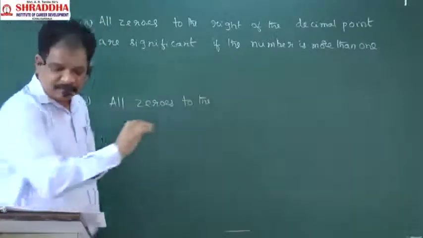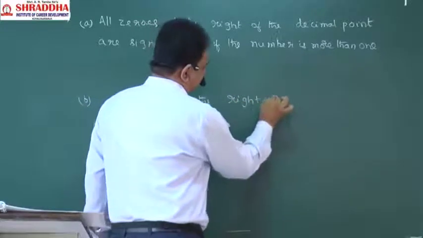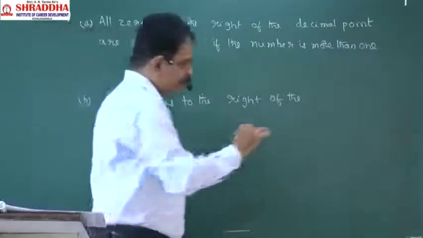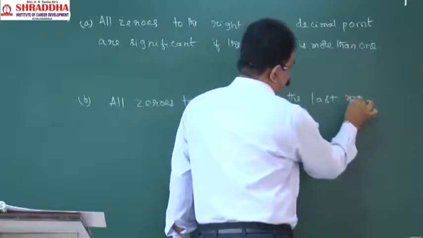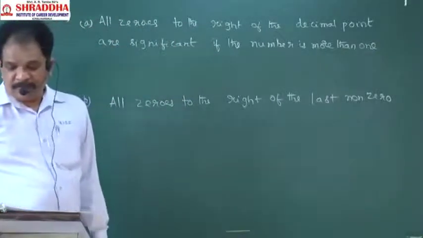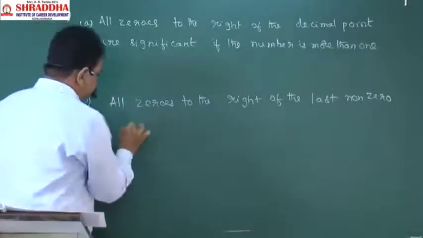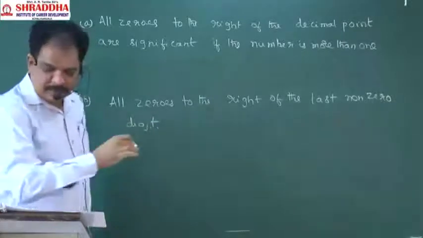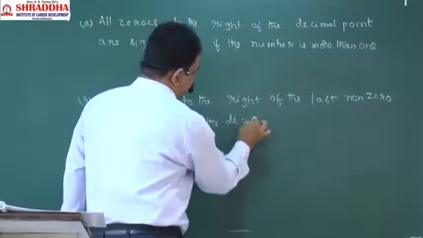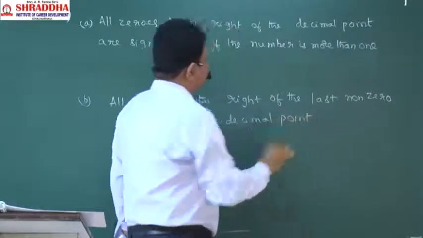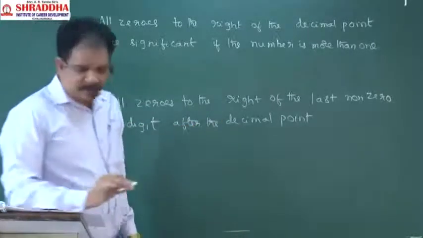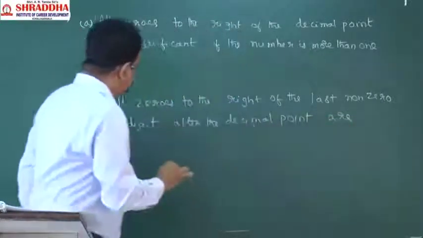All zeros to the right of the last non-zero digit after the decimal point are significant.